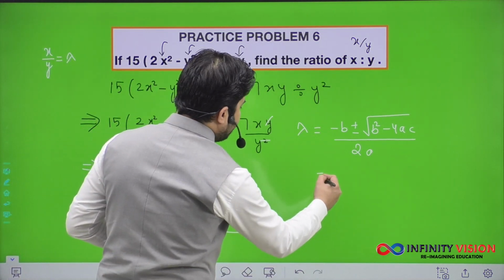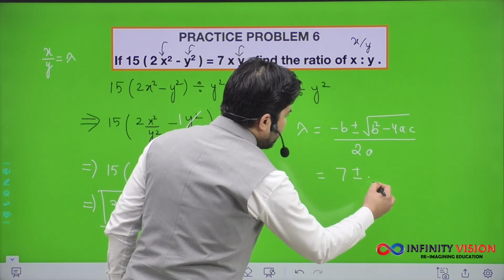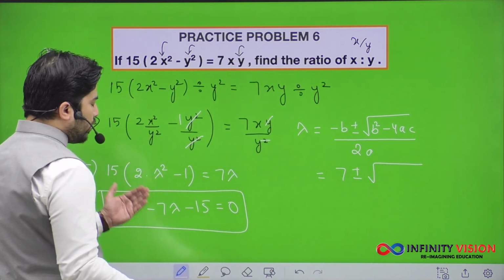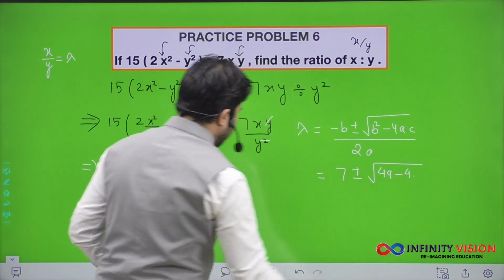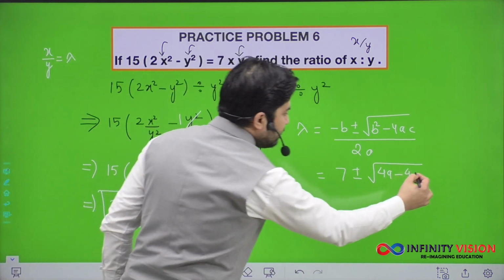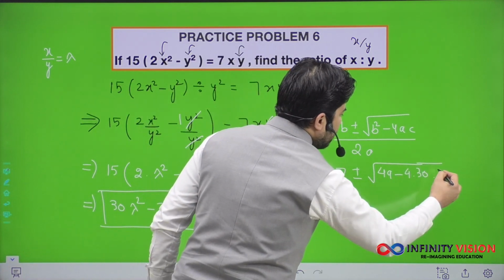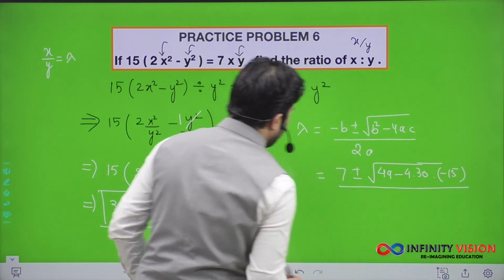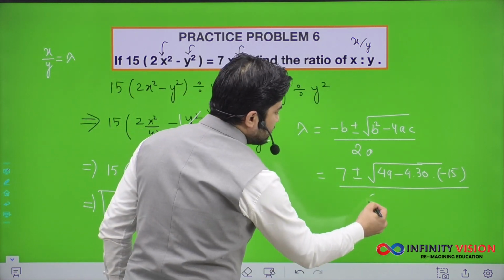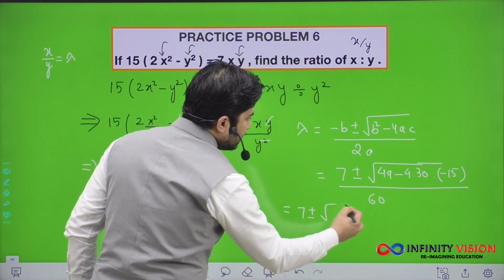Here my b is minus 7, so this would become 7 plus minus. Now the square of minus 7 would be 49 minus 4, and what's my a? A is 30. And what's my c? My c is minus 15. And it needs to be divided by 2a, which is 2 into 30, that is going to be 60. So if you do the calculation, you will get 7 plus minus.